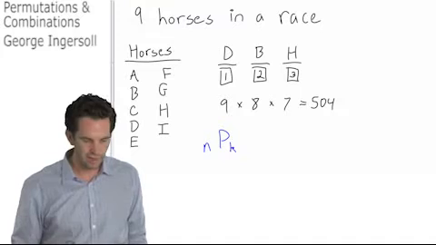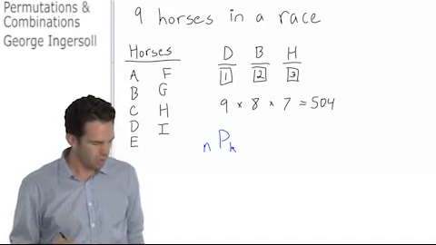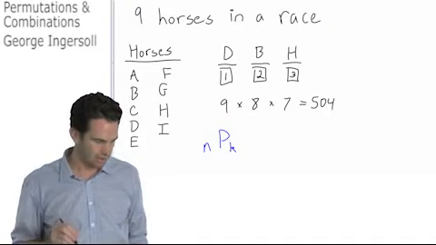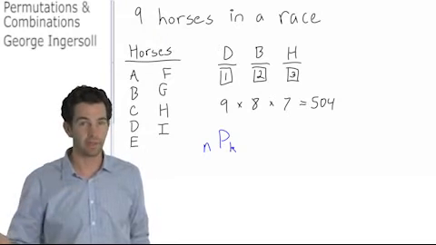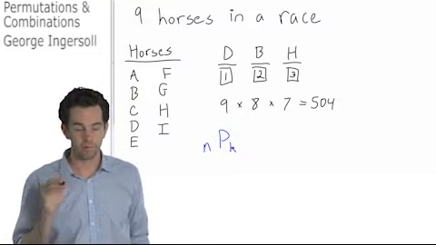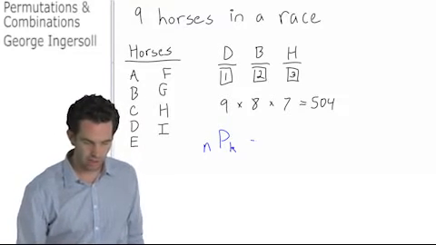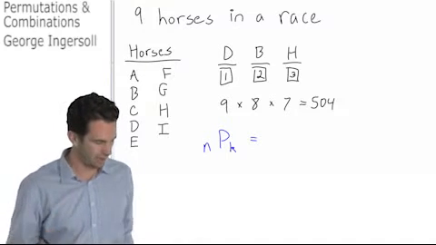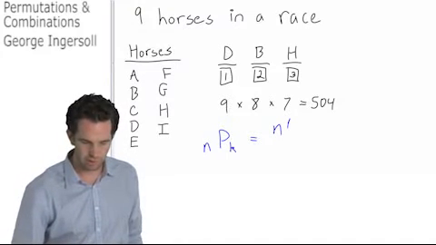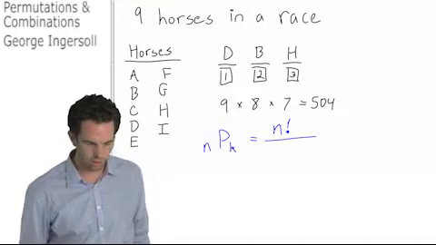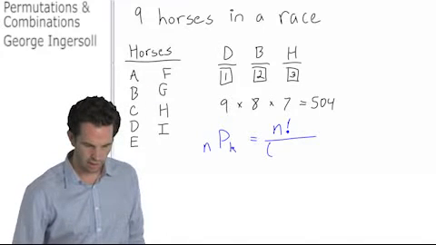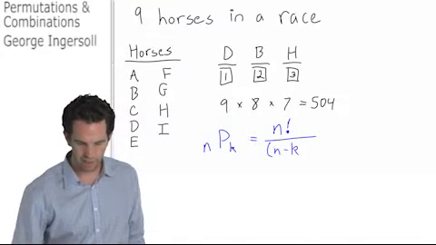And we would define this as the number of ways we can select k things from n total things when order matters. And the equation for nPk is this: n factorial over n minus k factorial.